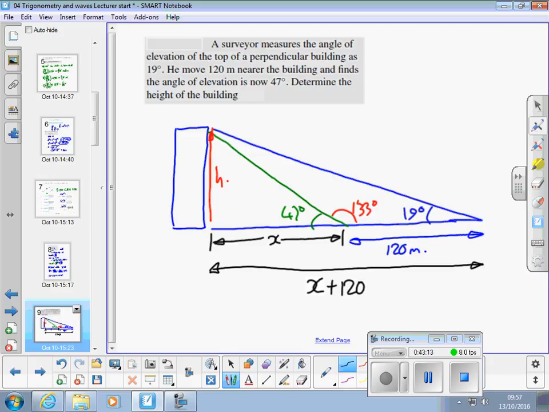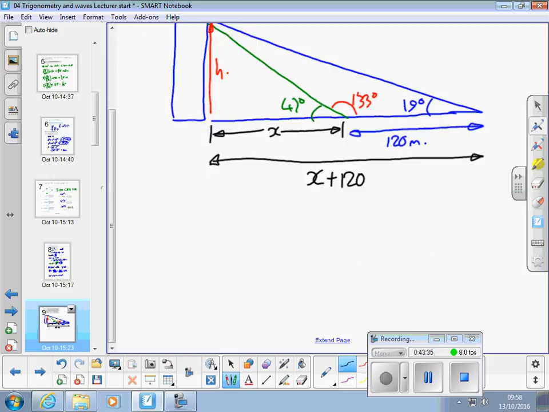So what ratio would we use involving that 19 degrees, that h, and that x plus 120? What ratio involves the opposite side and the adjacent side?